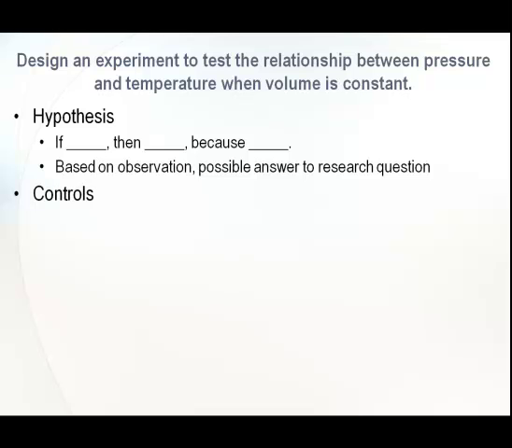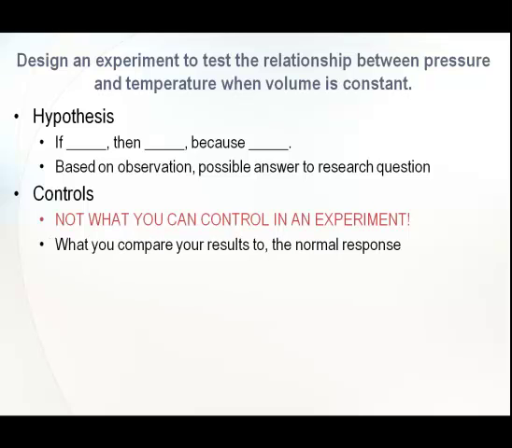Next are controls. Now, a control is not what you can quote-unquote control in an experiment. It is not what you can control. People always make that mistake. The control is actually what we compare our results to so we know the normal response.